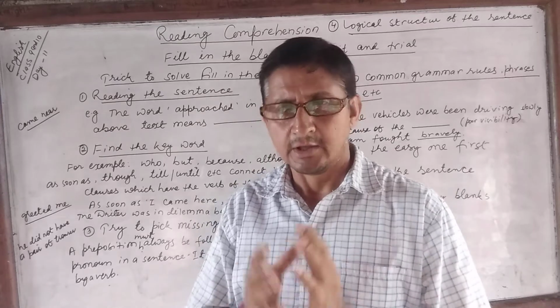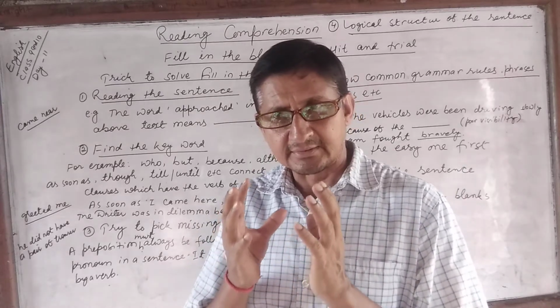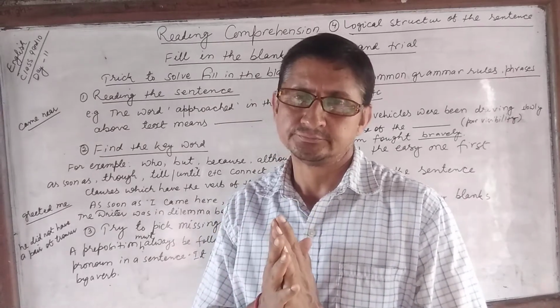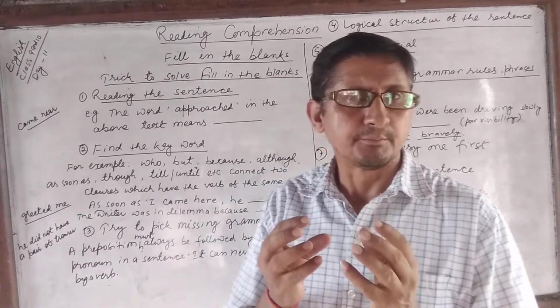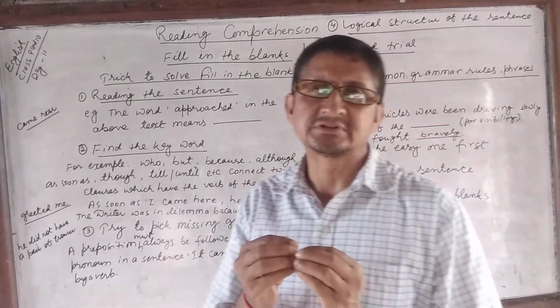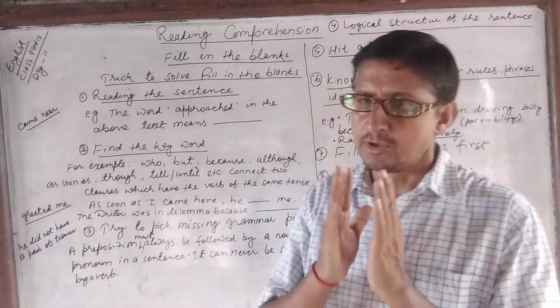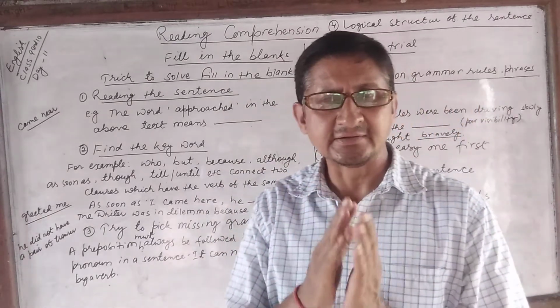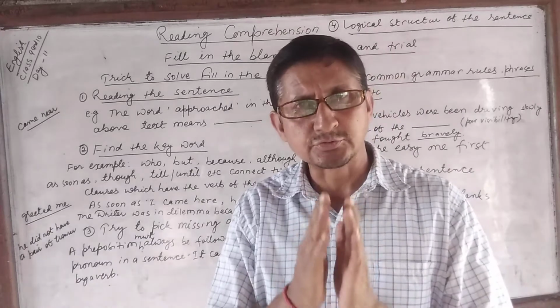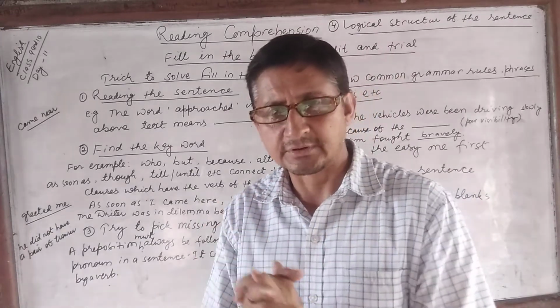Hit and trial. Sometimes there is a chance of you getting confused between two words of your choice. In such cases, you can use the hit and trial method of choosing the right option.